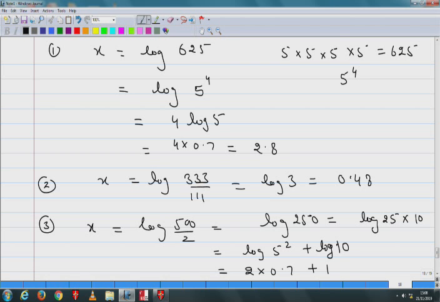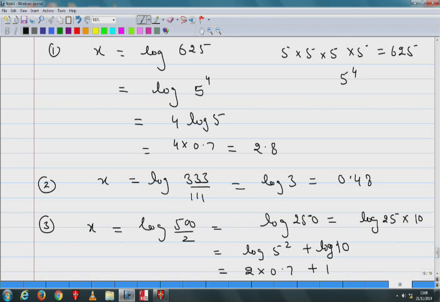Number 2. Divide 333 by 111. See, this is 3 actually. It's okay, Tamenglong. Please copy. Shillong, are you clear?